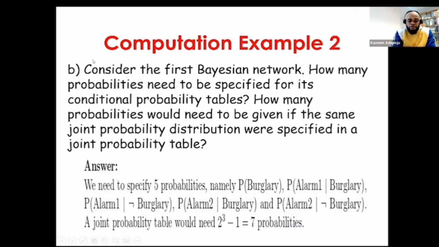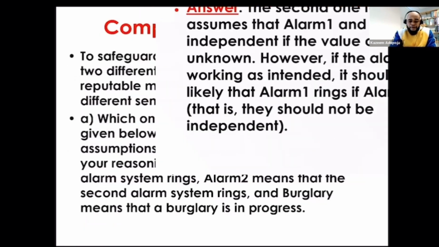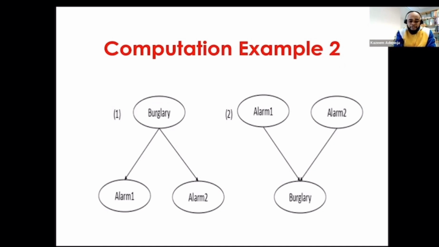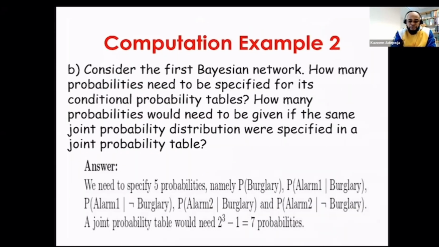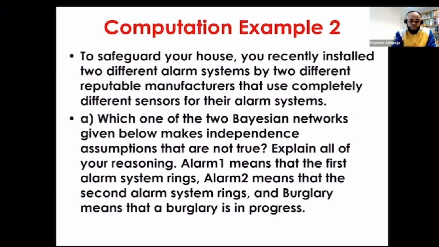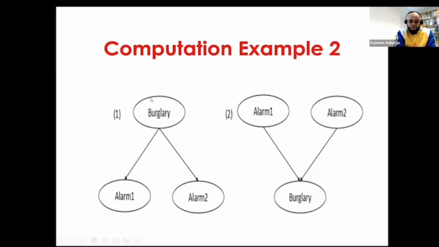Now we're working on the first one. On this one, you can base your alarm given burglary, because in the first one, alarm depends on burglary. In this first one, alarm 1 and alarm 2 are conditioned on burglary.